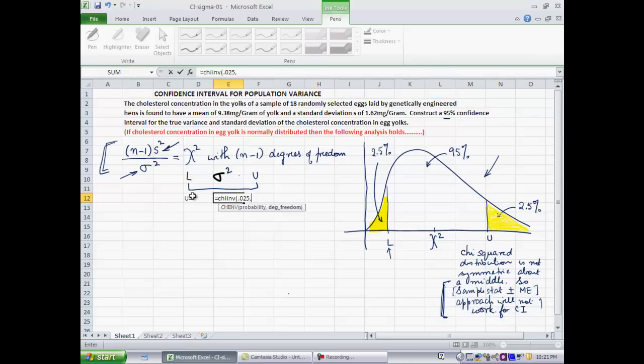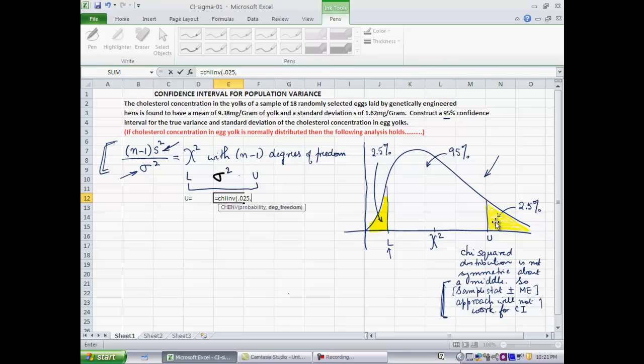Because I want my confidence interval to be at the 95% level of confidence. So this area in the middle, I want it to be 95%. So my two tails, I still split the difference, the remainder 5% equally into two tails, just like I had before. The only difference is that these two tails are not symmetric anymore. So U and L are not symmetrically located about some middle.